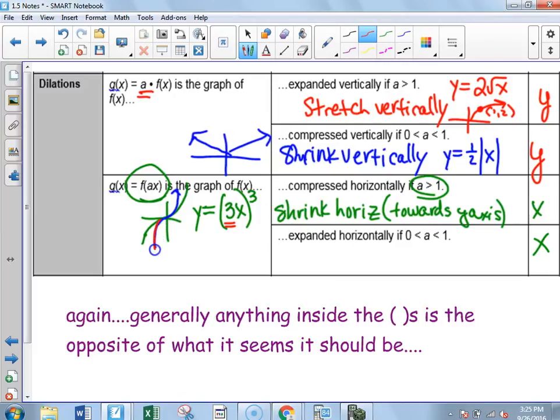So this one would be shrinking it in this way. It is expanded horizontally if you put the fraction in there.